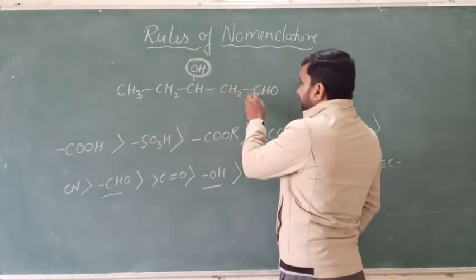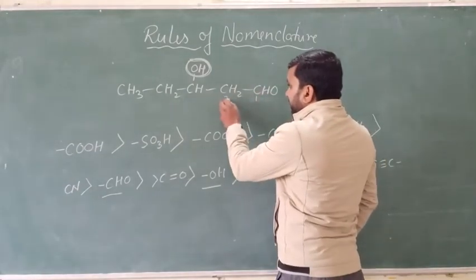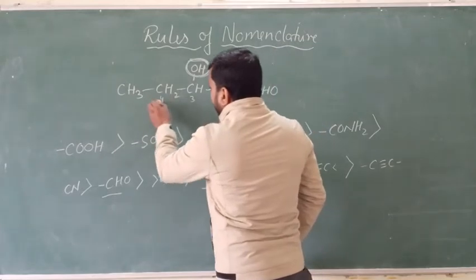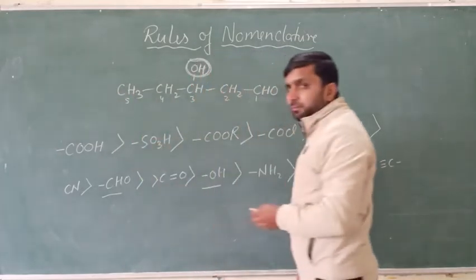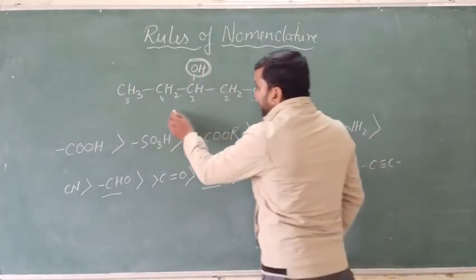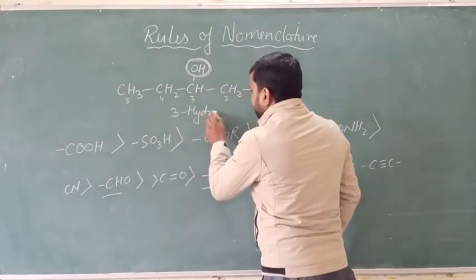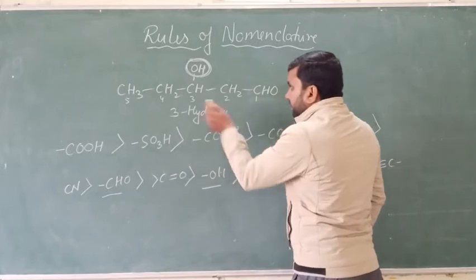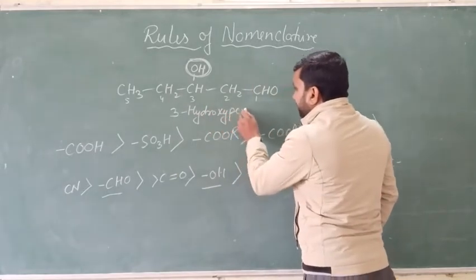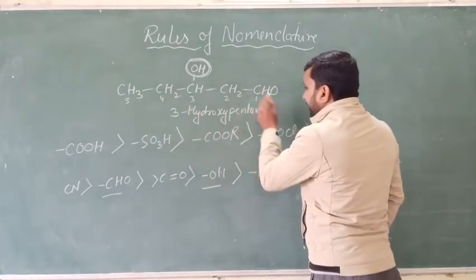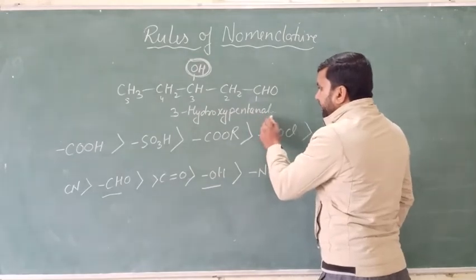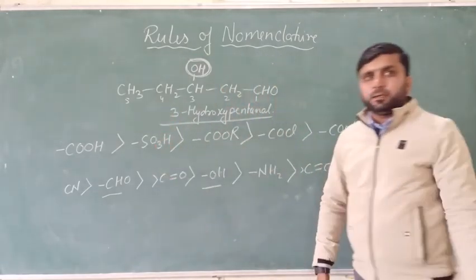So numbering must be given from here: 1, 2, 3, 4, 5. It is a 5 carbon compound. So, 3-hydroxy. 5 carbon is pentane, and for aldehyde al will be used, so pentanal.